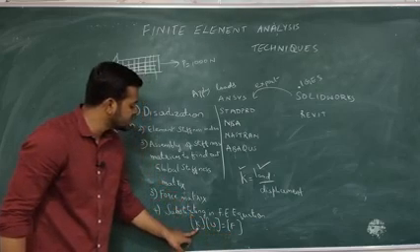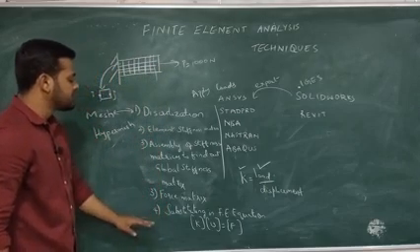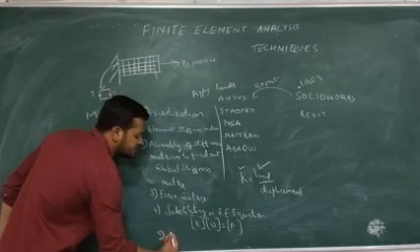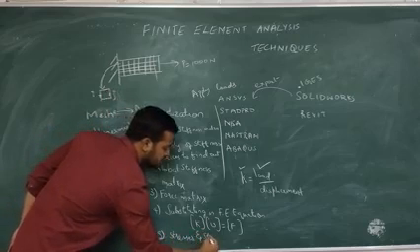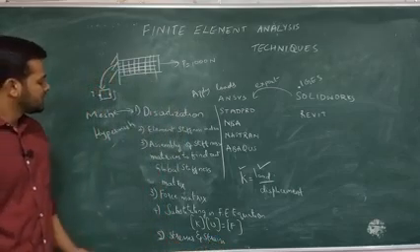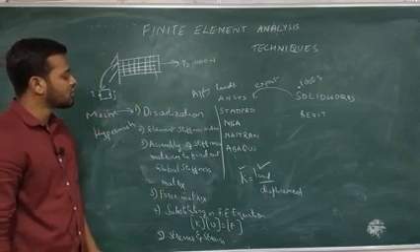So the finite element equation is K into U equals F. After this, I can find out the stresses and strains. Once we are able to find out displacement, we can find out stresses and strains. So while solving a problem, these 5 steps we will be using to solve any long answer or short answers.